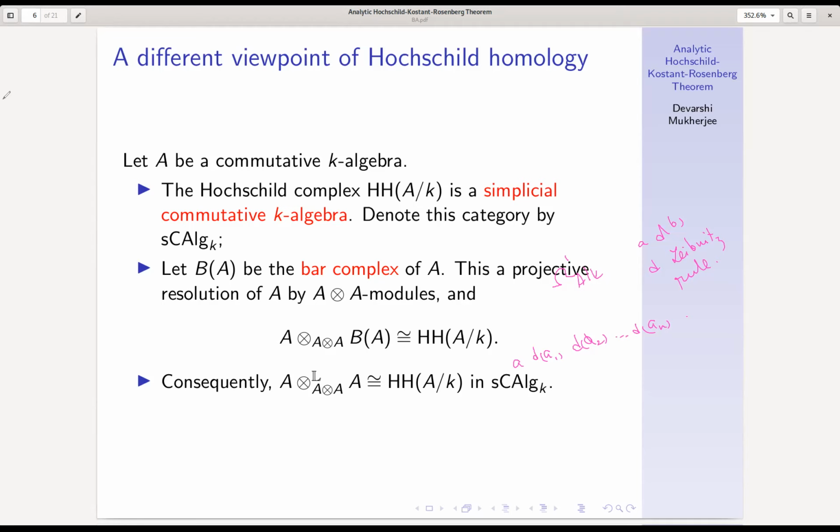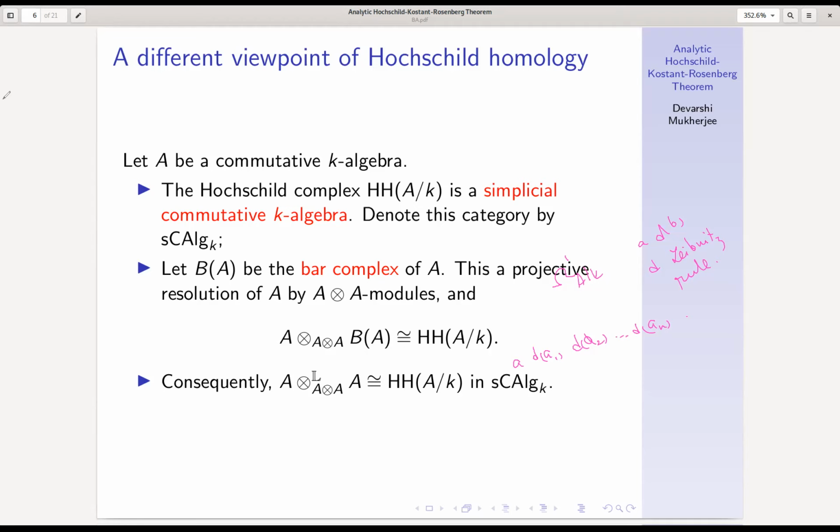Okay, so if we have a commutative K algebra, where K for now is just any ring, then the Hochschild complex that you saw previously is a simplicial commutative algebra. There is something called the Dold-Kan correspondence, which relates positively graded complexes with simplicial objects.